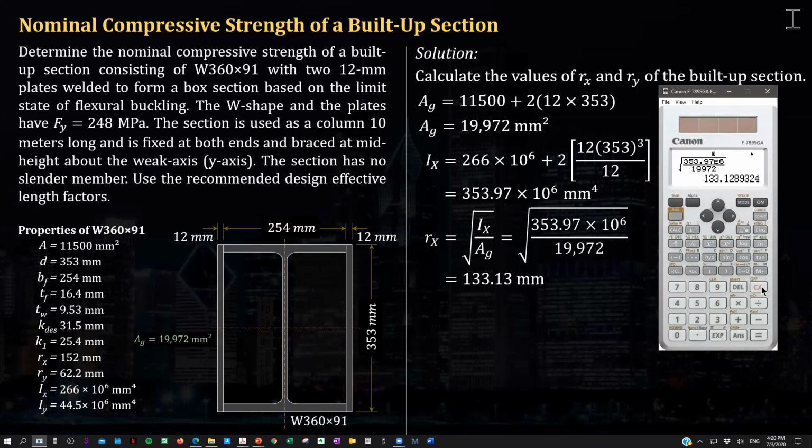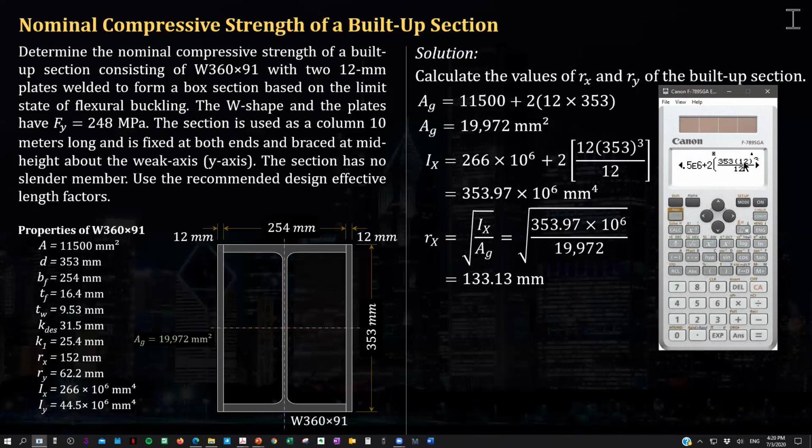This is equal to Iy, 44.5 times 10 raised to 6, plus twice the moment of inertia of the plate. Its centroidal moment of inertia is equal to 353 times 12 cubed over 12.